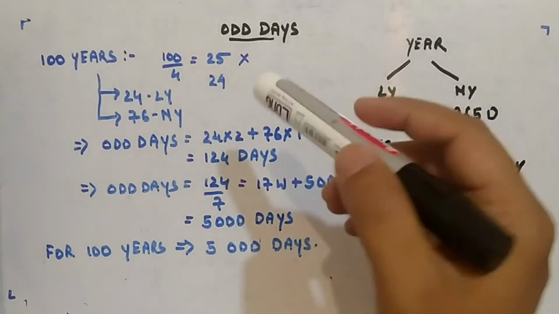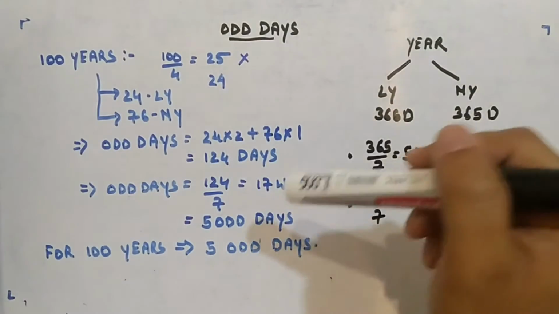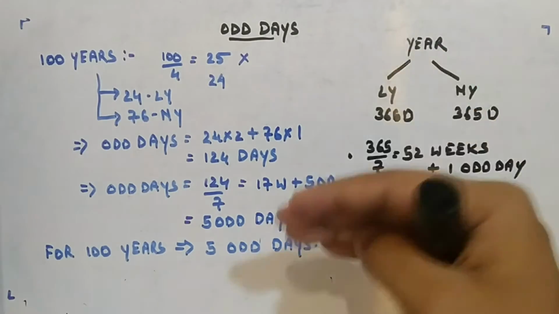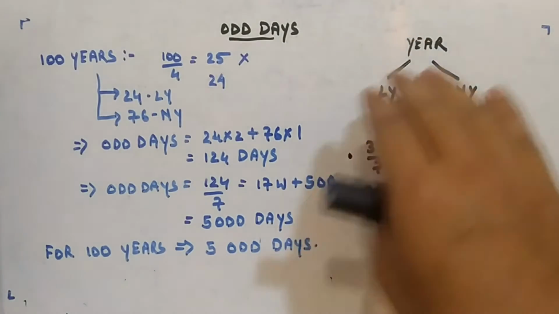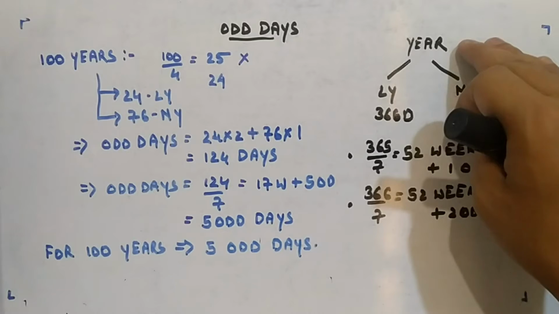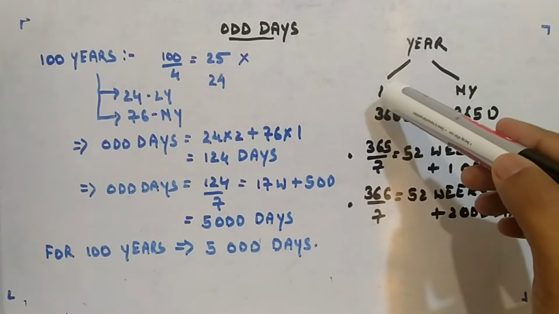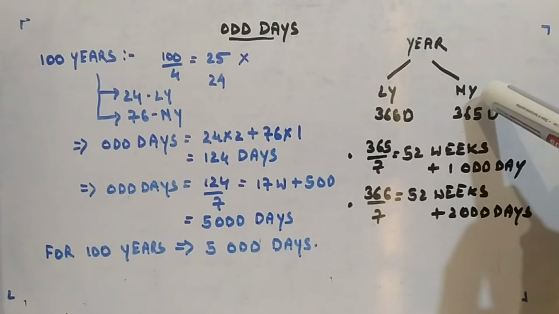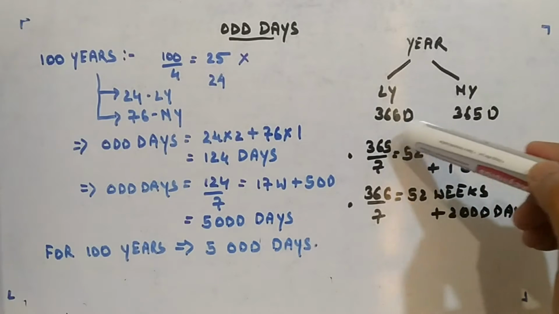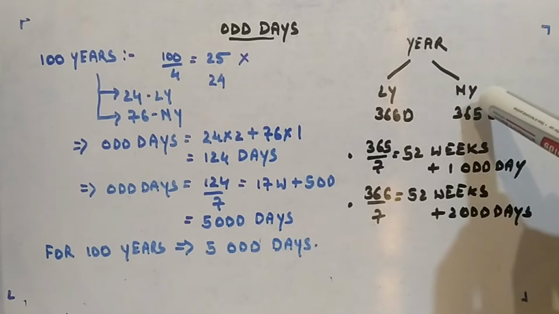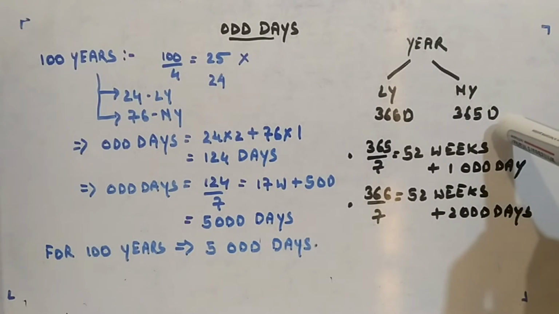Now let's look at the concept of odd days. Odd days means how many extra days we have. Given a year, it can be a leap year or a normal year. A leap year has 366 days, whereas a normal year has 365 days.